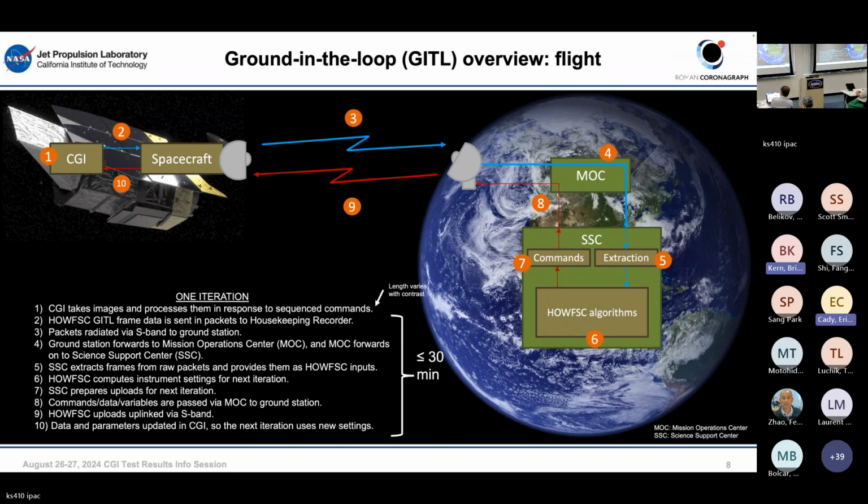That black box, by requirement, takes no more than 60 seconds to run. Then with those outputs, SSC prepares them into commands. They're sent up, they're run. This is preparing new DM settings to run on the next iteration, preparing the cameras, setting flight software parameters. And this whole loop is expected to take less than 30 minutes.